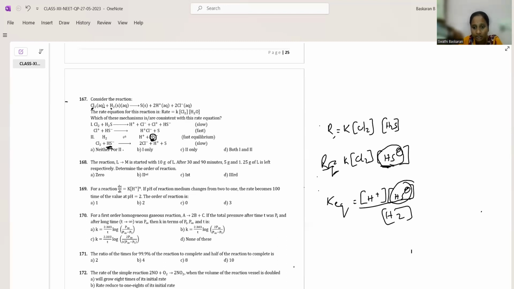If you write it, the HS minus concentration will become the product of Keq and H2S, divided by the concentration of H plus.